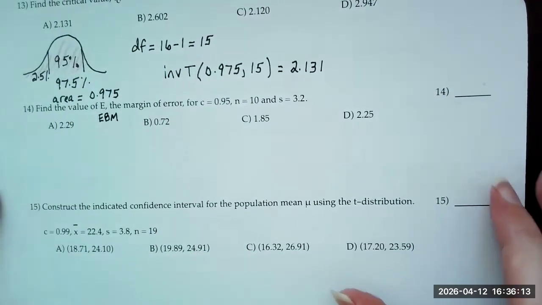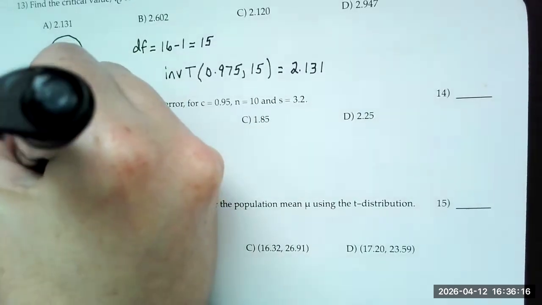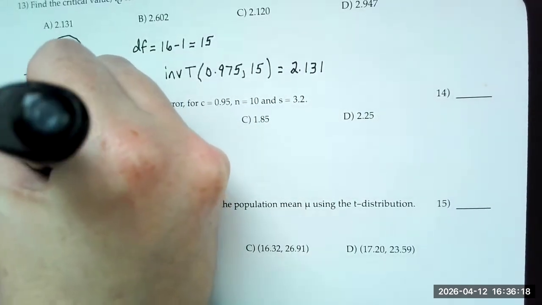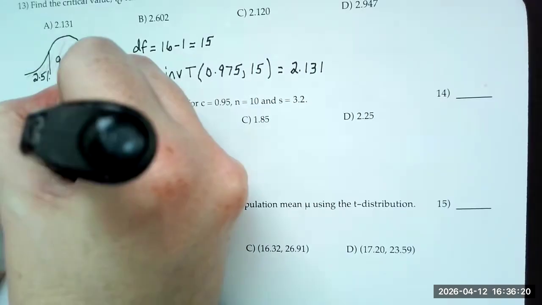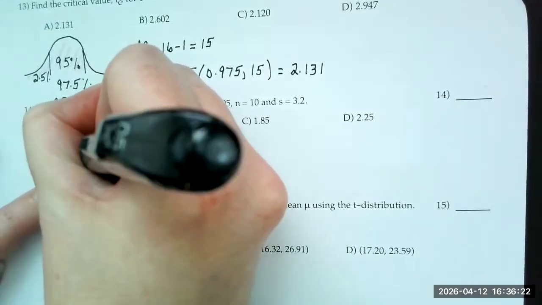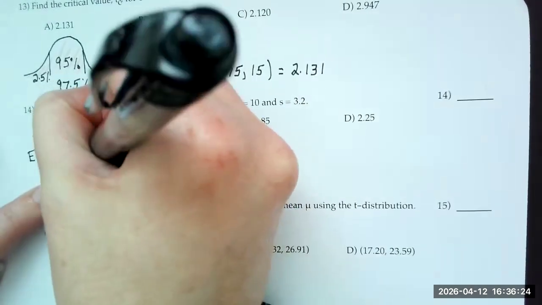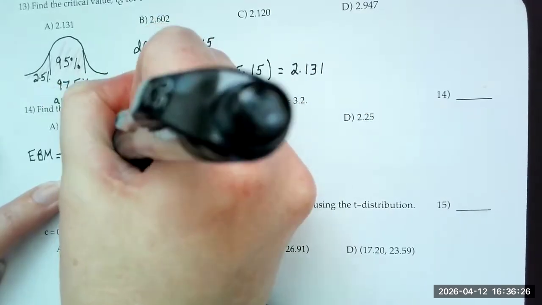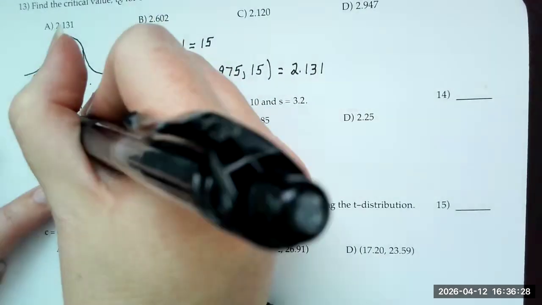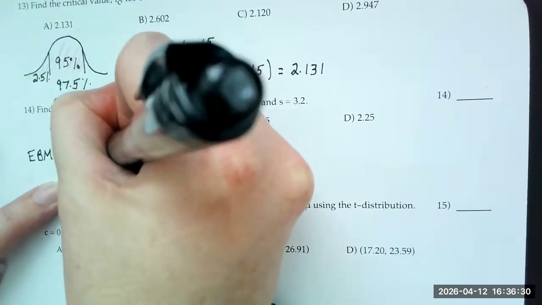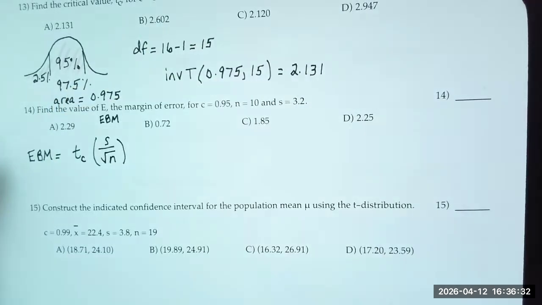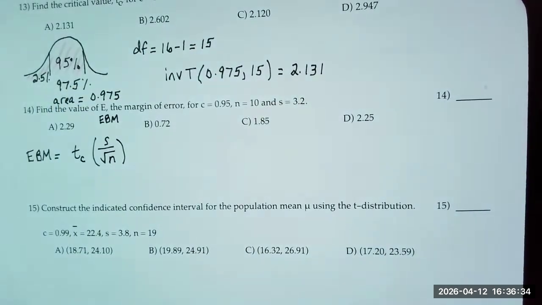Totally fine. What we want for the error bound for the mean is the critical t value times the standard deviation for the sample divided by the square root of our sample size. So that was hopefully on your formula sheet.